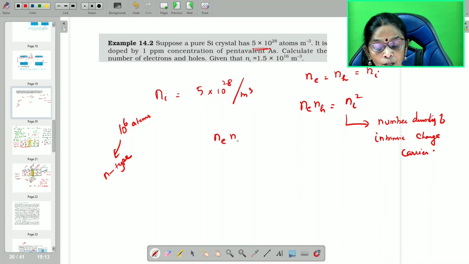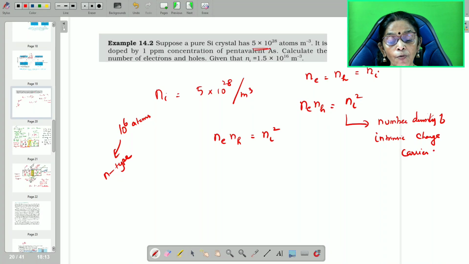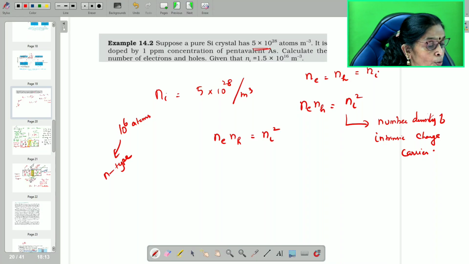So, Ne into Nh is equal to Ni square. You can take the number of donor atoms from here. This is 5 into 10 power 28. So once again, let me take the NCERT textbook for a minute.